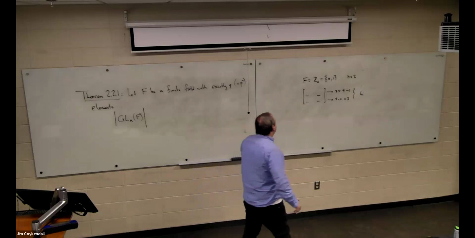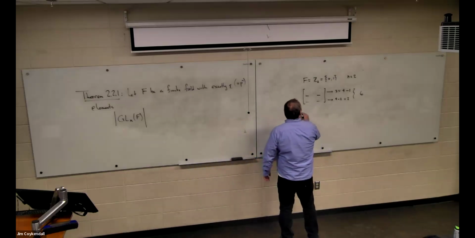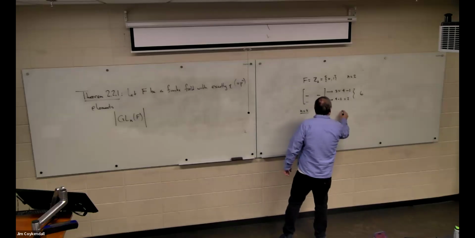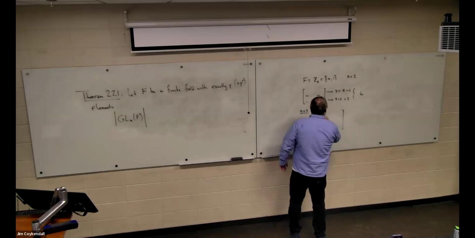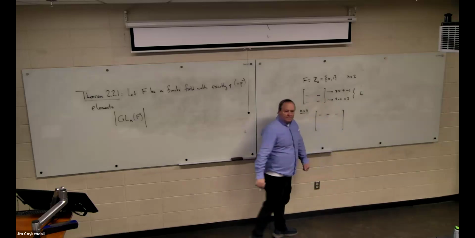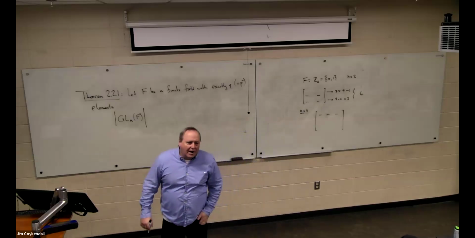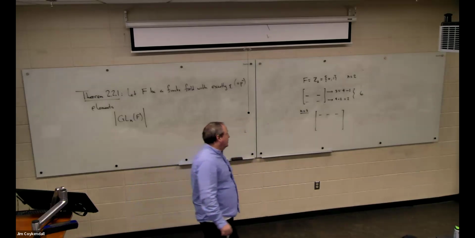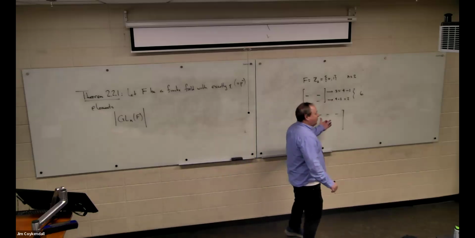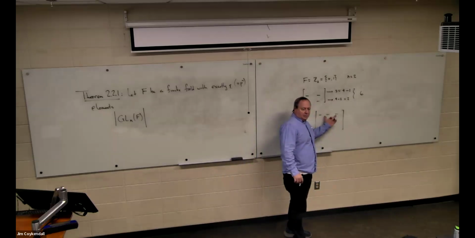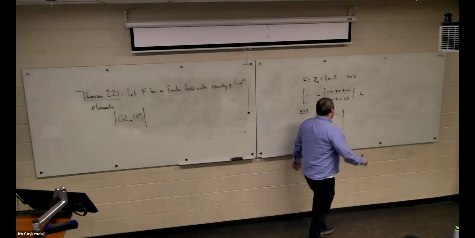Let's do one more. Let's do 3. Same thing, but I want to know how many invertible 3 by 3 matrices there are. How many choices are there for that first row? Just any choice you can make. 2 times 2 times 2. Everybody agree? So there are 8 choices.